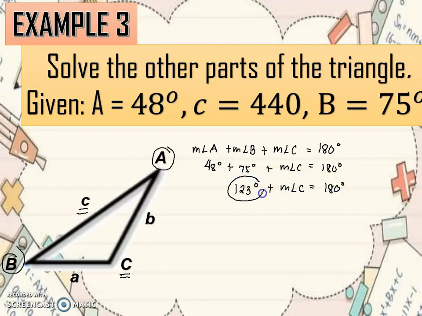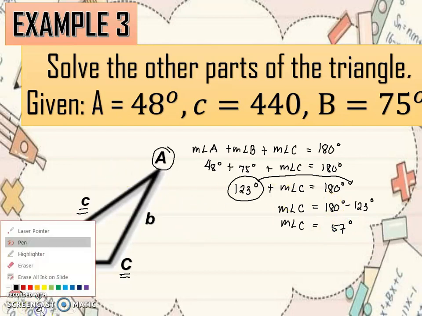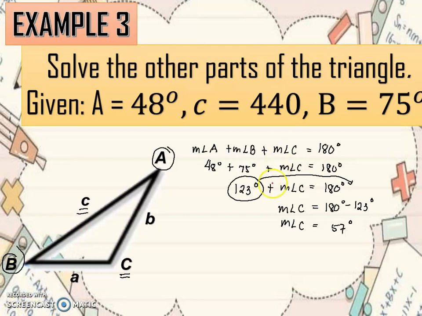You transpose 123 degrees to the other side, so it will become measure of angle C equals 180 degrees minus 123 degrees. And the answer there is 57 degrees. And that is now the measure of angle C. And don't forget to box your final answer. And we now solved angle C.